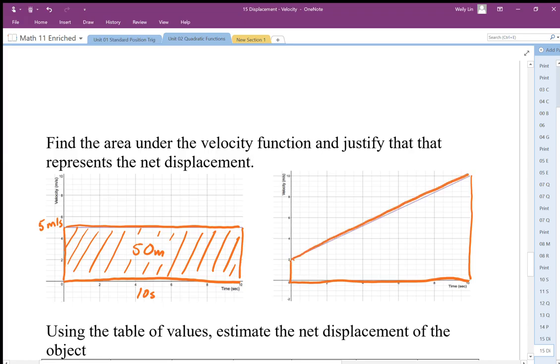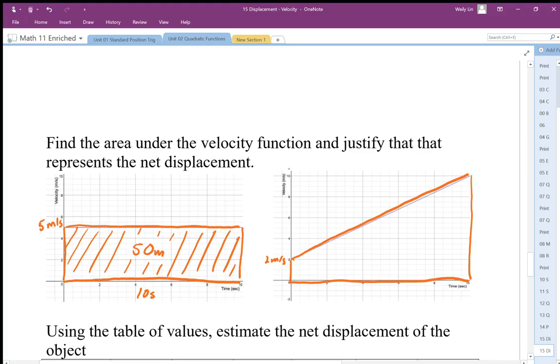Okay, so what I can do is say that between 0 seconds and 10 seconds, my average velocity, so I'm starting at 2 meters per second, and it's increasing at a constant rate.